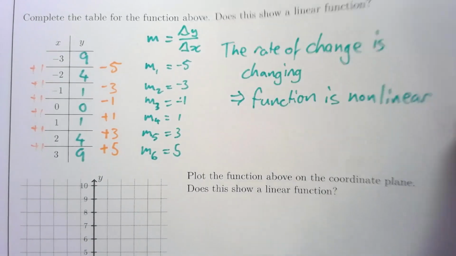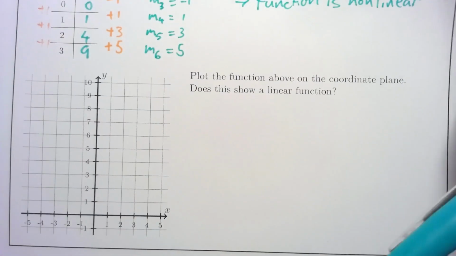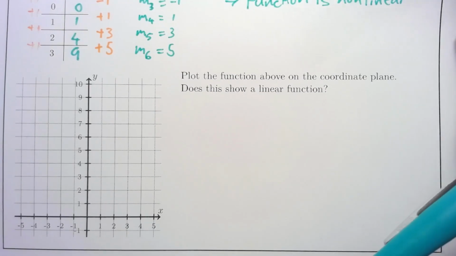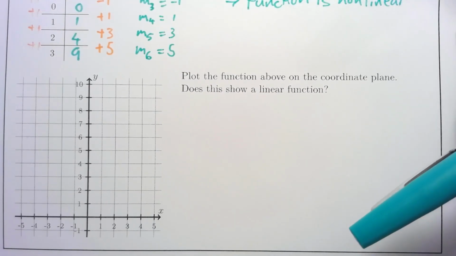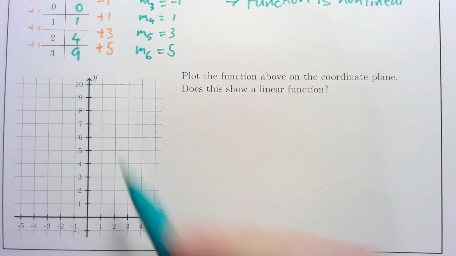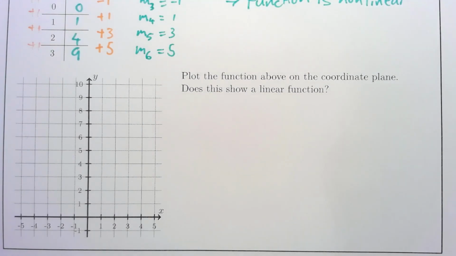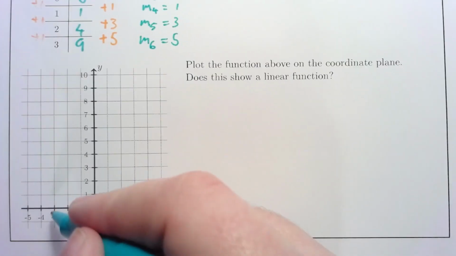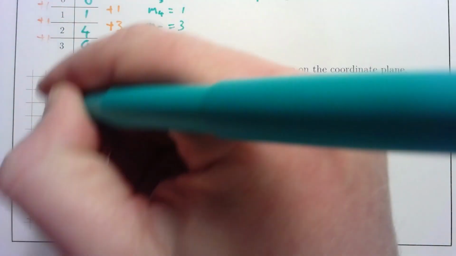Okay, one last example. So we're going to take the same function and we are going to plot it on the coordinate plane. So first coordinate was -3, 9. So we've got -3 going up to 9, which is there.